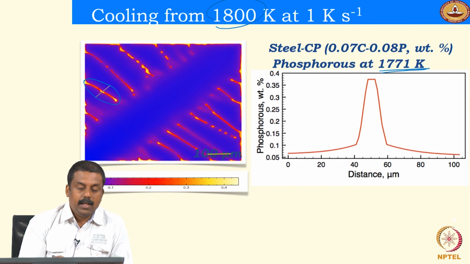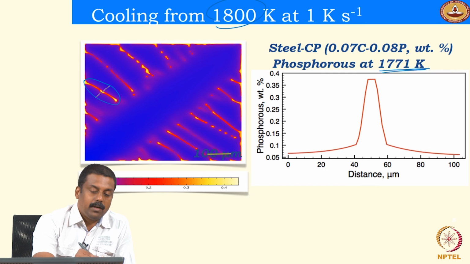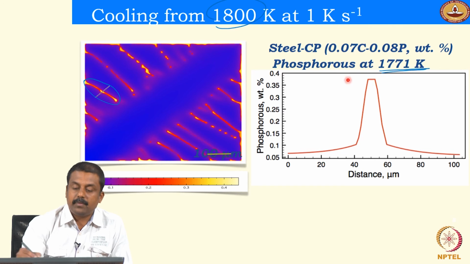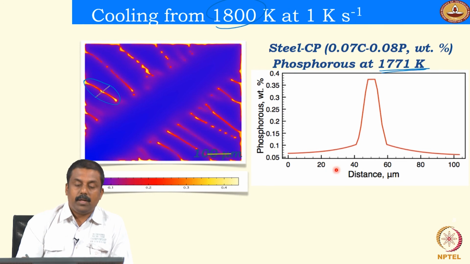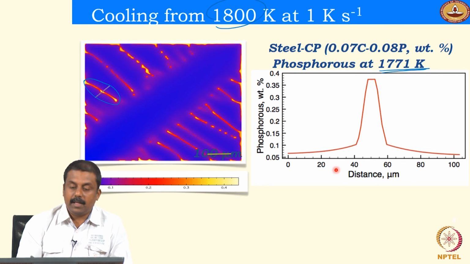If you look at the phosphorus concentration variation along this line, you can see that locally the phosphorus can go up to 0.4%. That's what I explained in the previous slide.